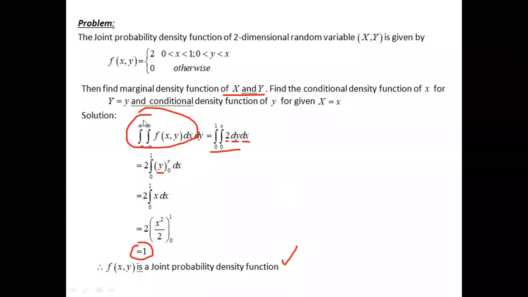Next, we have to find the marginal density functions for capital X and capital Y. Here we are calculating the marginal probability density function of x, f of x.